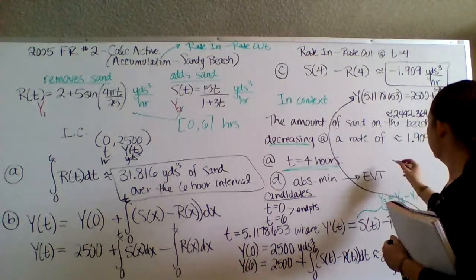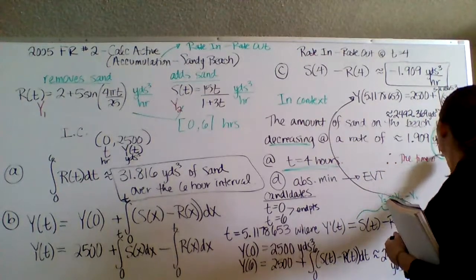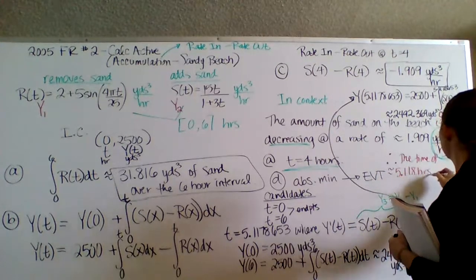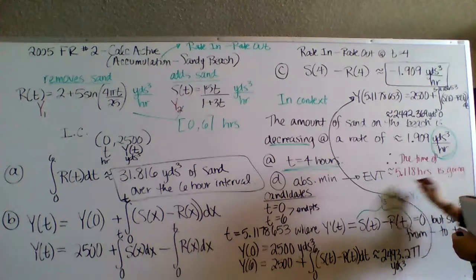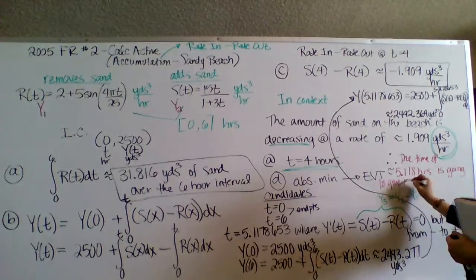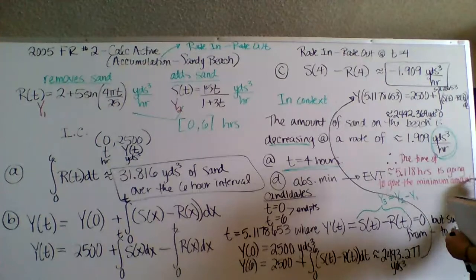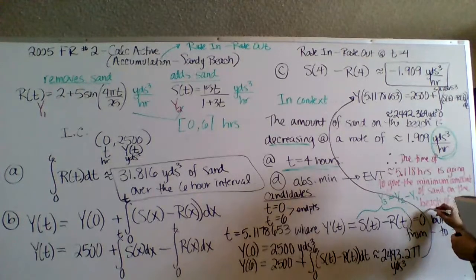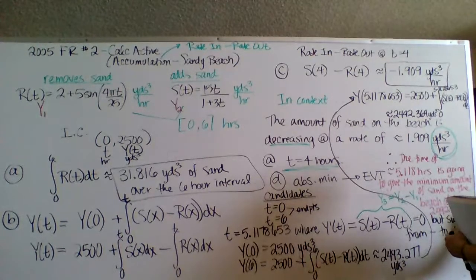So we would say something to wrap this up like, therefore, the time of approximately, here I would go ahead and round, 5.118 hours, rounded to 3 places, is going to give the minimum amount of sand on the beach, and they did ask us for the minimum amount, of approximately 2,492.369 cubic yards.